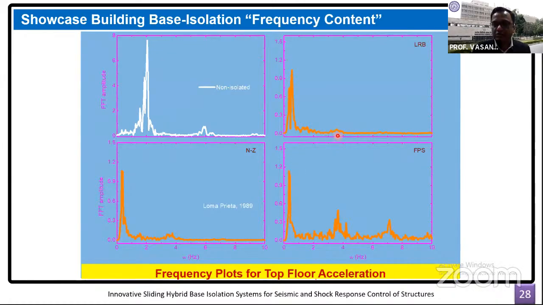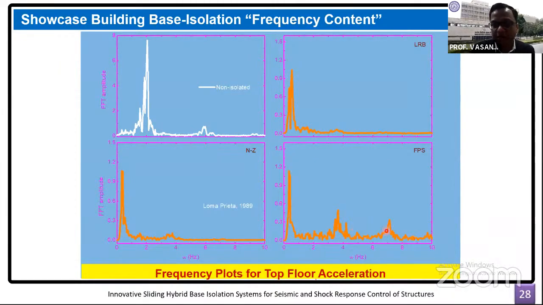If we see the higher modes, here the higher modes are not amplified. So the FFT amplitudes in this higher frequency range are very low in the case of LRB, the conventional laminated rubber bearing and lead rubber bearing. But in the case of the friction isolation system, you would notice here that the high frequency components are also excited.